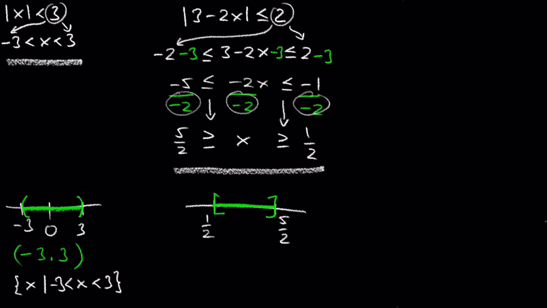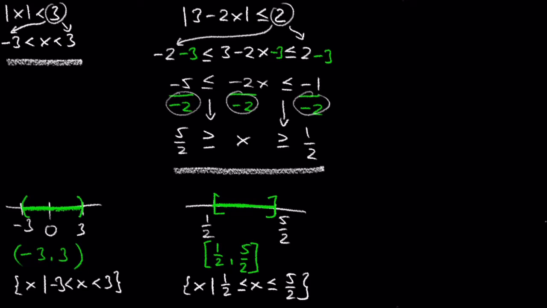The interval notation goes from 1/2 to 5/2. So we're also using brackets here. And the solution set is the set of all x such that x is greater than or equal to 1/2 and less than or equal to 5/2.